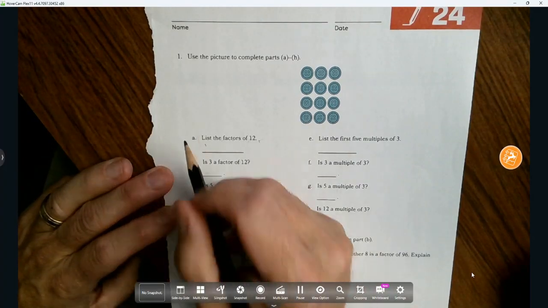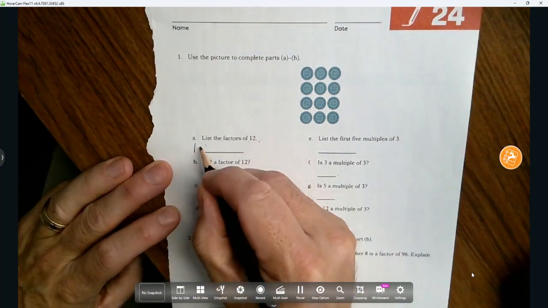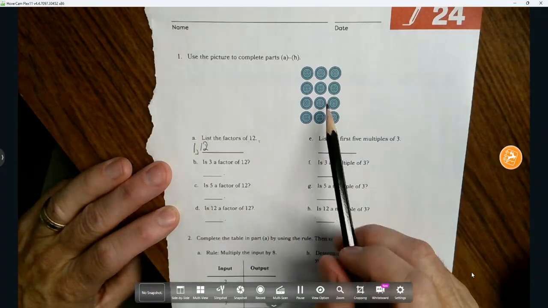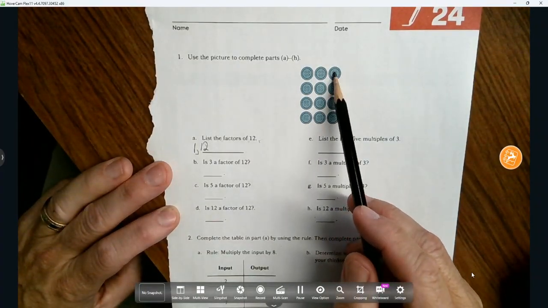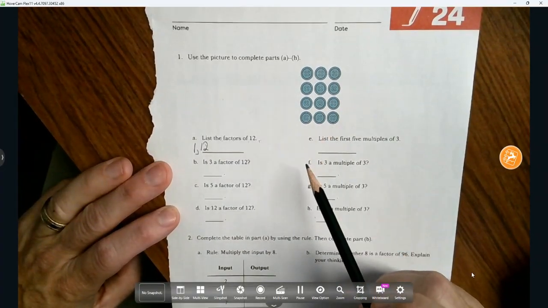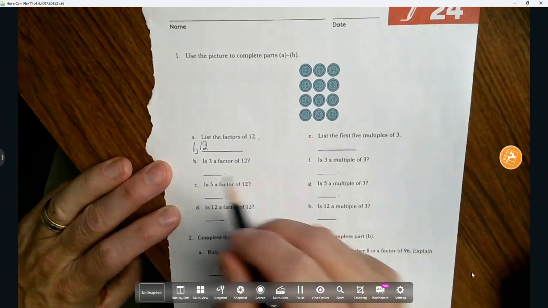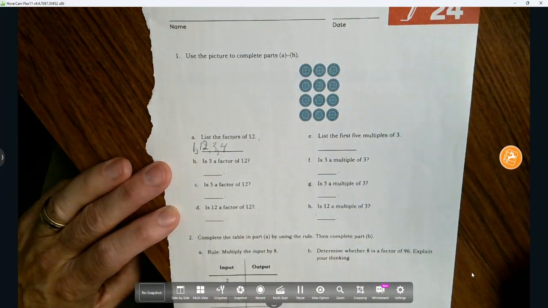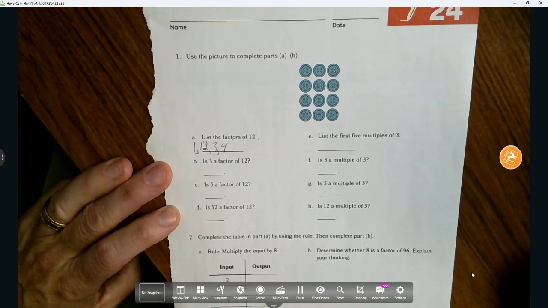All right, well, I know if I have 12, I can go 1 and 12, because 1 times 12 is 12. I have 1, 2, 3, 1, 2, 3, 1, 2, 3, 1, 2, 3. So I have 3, 4 times. 3, 4 times gets me 12. How else can I break these up?